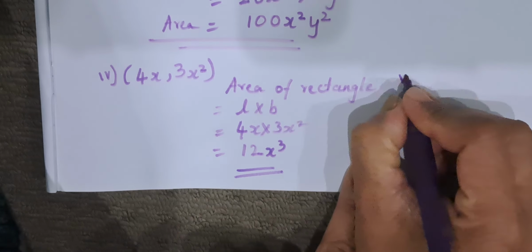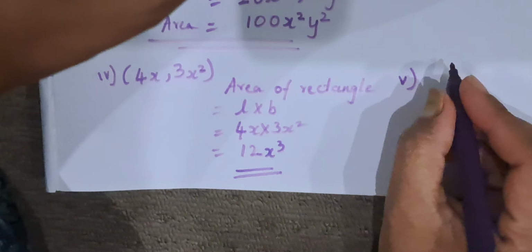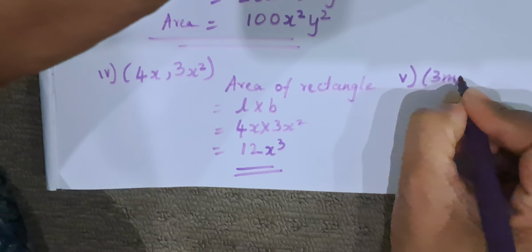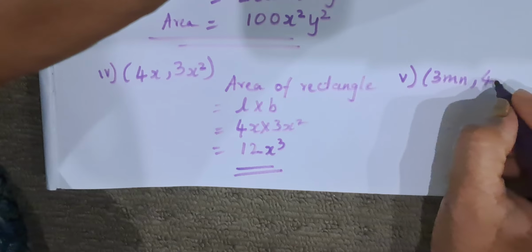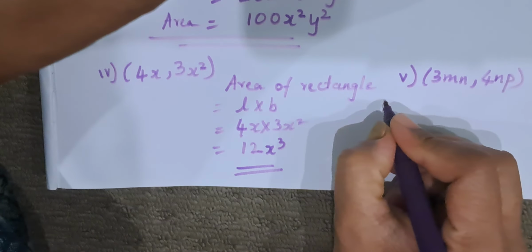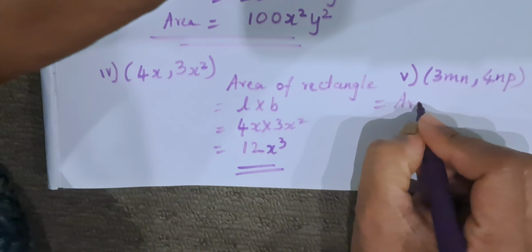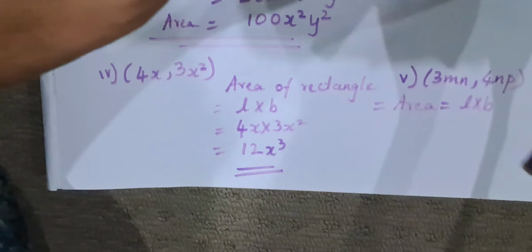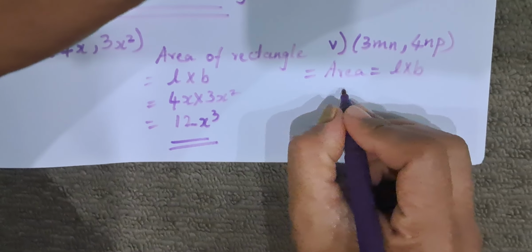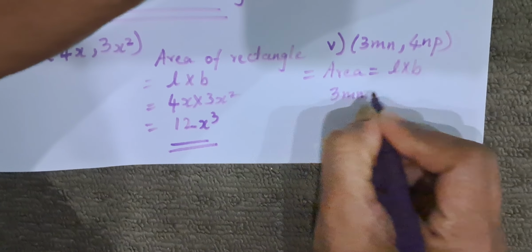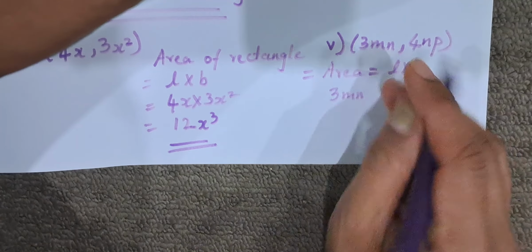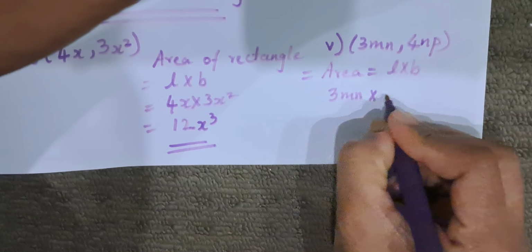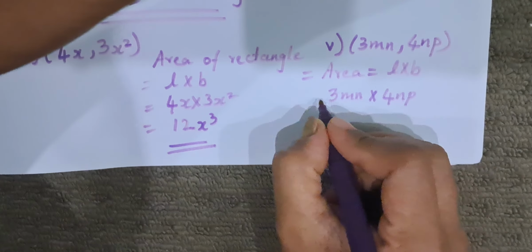Now let us see the fifth one. It is 3mn and 4np. The pair is 3mn and 4np. So area of the rectangle here will be length into breadth. For that we have to write down 3mn, because 3mn is the length and 4np is the breadth. 3mn into 4np.